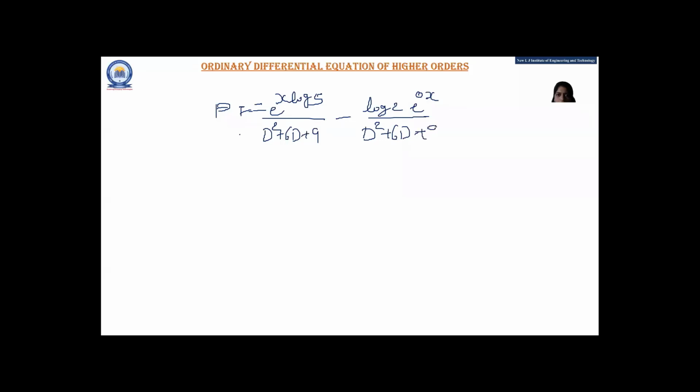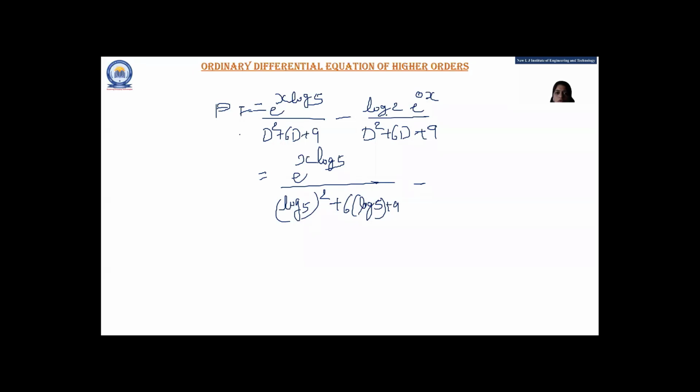Got it? So we write both terms separately. Now, as per the rule, e raised to x, what is the multiple of x? Multiple of x is log 5. So e raised to x log 5, I replace my denominator d with the multiple of x, and that is log 5 whole square plus 6 log 5 plus 9. Okay, this is about the first term.